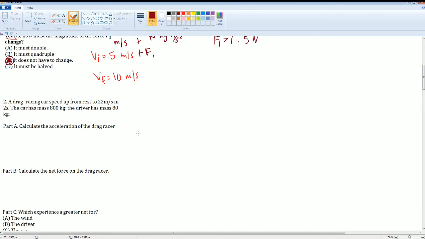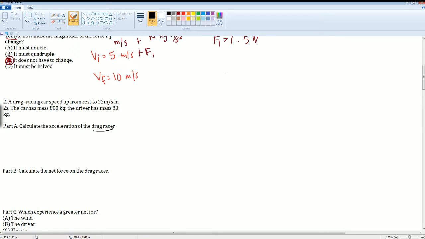Okay. Two. A drag race car speeds up from rest to 22 meters per second in 2 seconds. The car has that much mass. The driver has a mass of 80 kilograms. Calculate the acceleration of the drag car. So here, a couple things you want to get. The drag car has both the driver and the car.